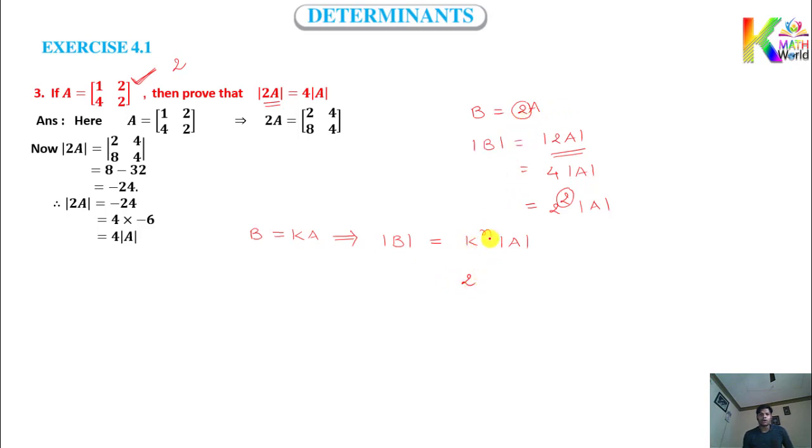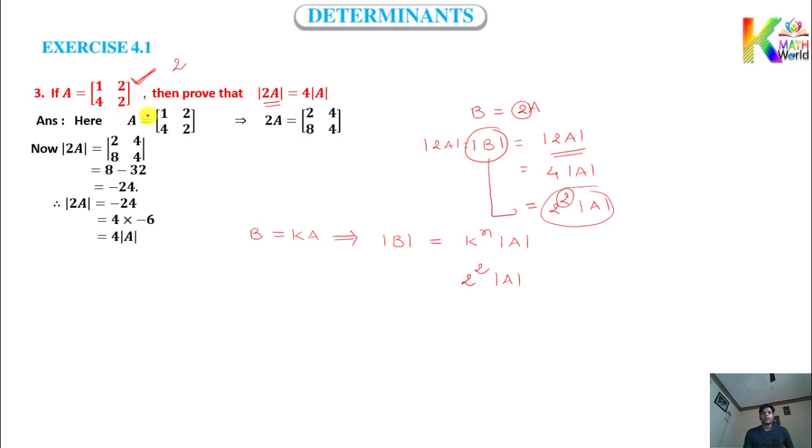And what is the order of matrix, 2. Order of matrix is 2. So 2 raised to 2 into determinant of A. You can see here. This was the twice. Determinant of B equals this one, and B equals KA.